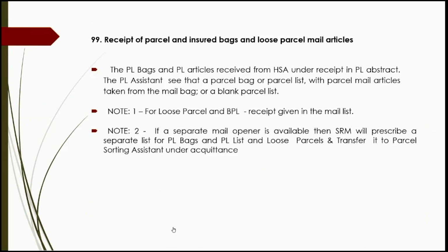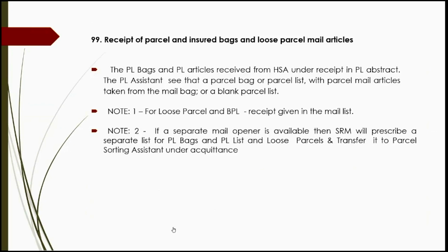When he receives the parcels loose, where will he give the receipt? He will give the receipt in the mail list itself, because there is no separate parcel list. In the mail list, it will be written like three registered bags, one account bag, one loose parcel.